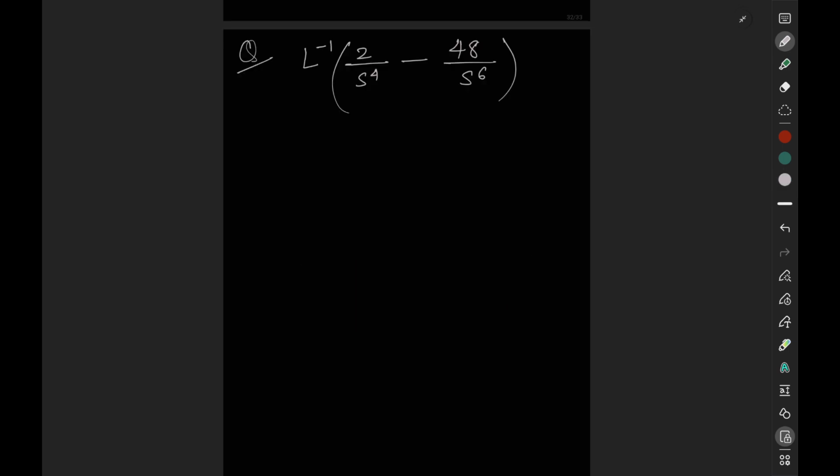Now let's see the Laplace inverse of 2 upon s to the power 4 minus 48 upon s to the power 6. In a similar way, for these kinds of questions, we have to see can we make it as Laplace transform of t to the power n, that is n factorial upon s to the power n plus 1.